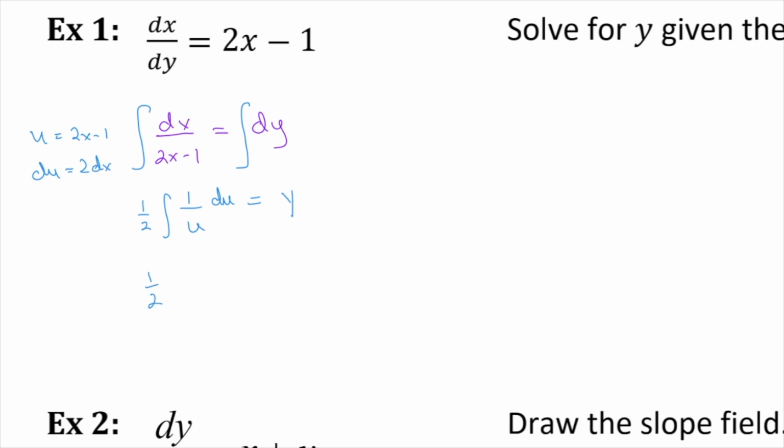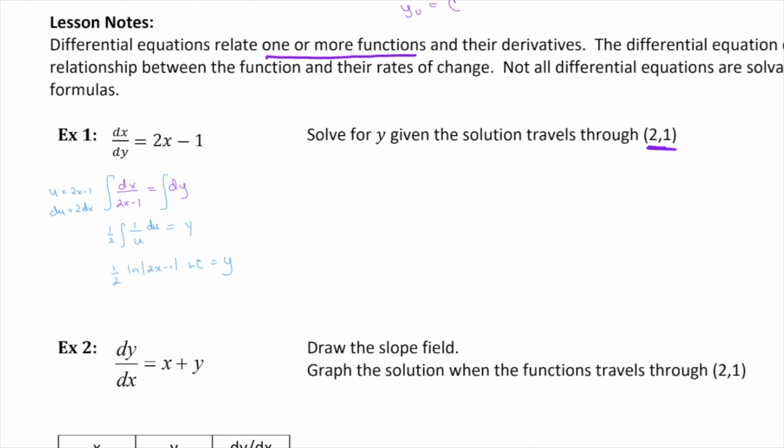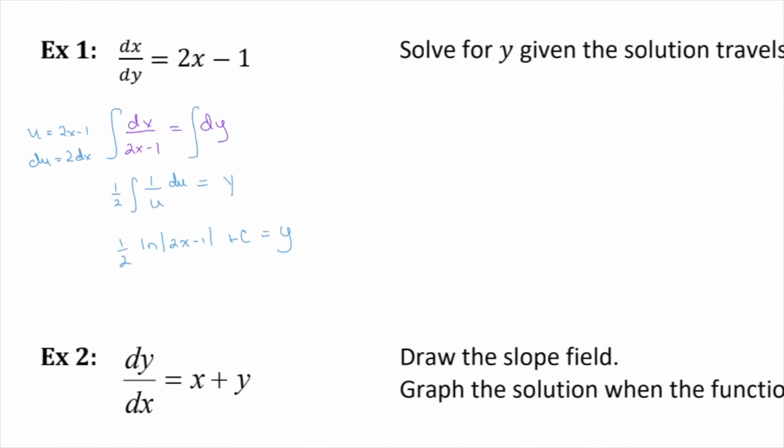So now I have 1/2 the natural log of the absolute value of u, but u in this problem is 2x minus 1. Add my plus c, so that must be equal to y. But we're told in this problem that we're traveling through the point (2, 1).